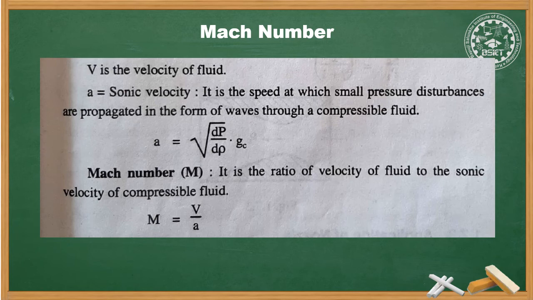For subsonic velocity, that is M less than 1, dA and dV must be of opposite sign, that is, an increase of cross-sectional area causes a reduction of velocity and vice versa. That is called a subsonic nozzle. For M greater than 1, dA and dV must be of the same sign.